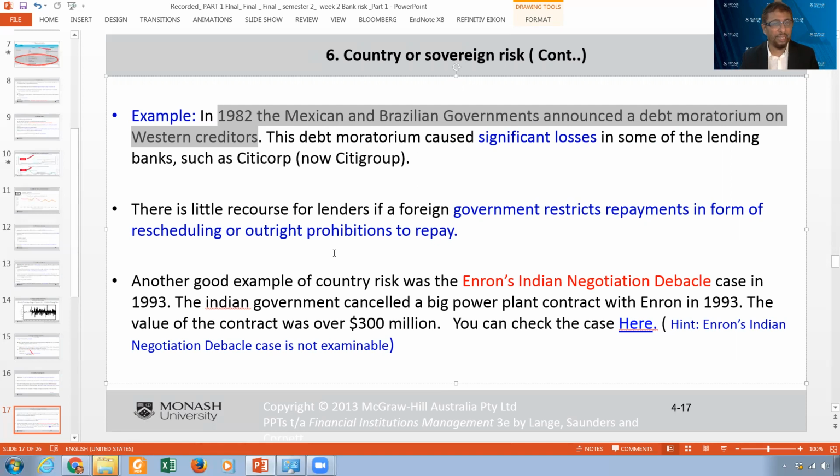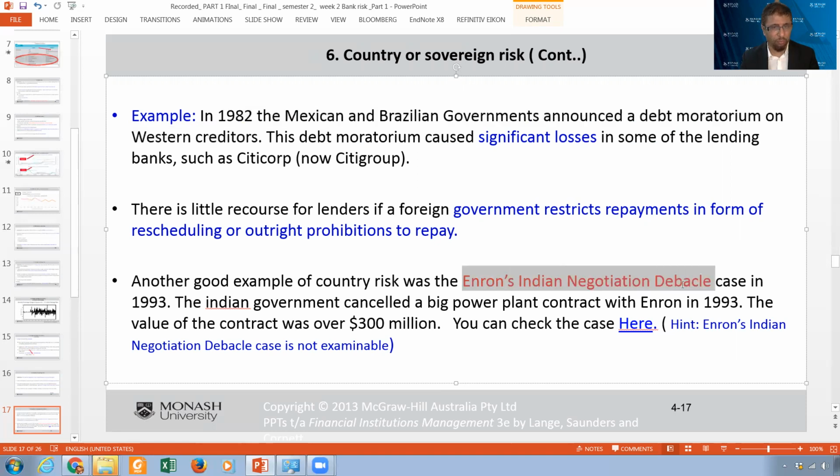Now, another example, I think in 1993: Enron was a huge energy company in the US. They took a contract in India in 1993 to build power plants.